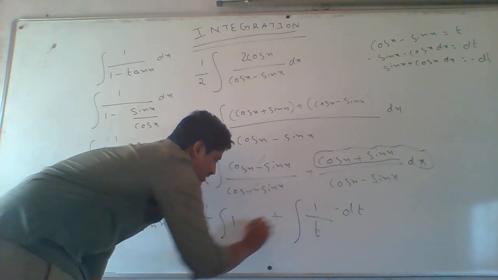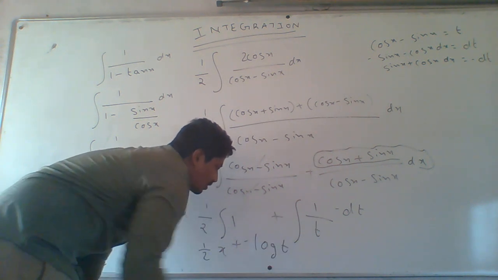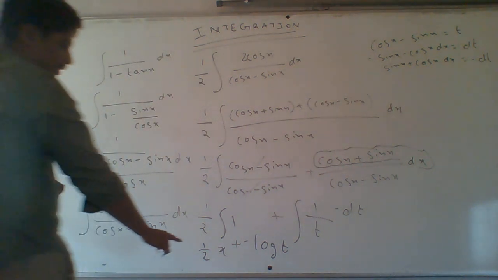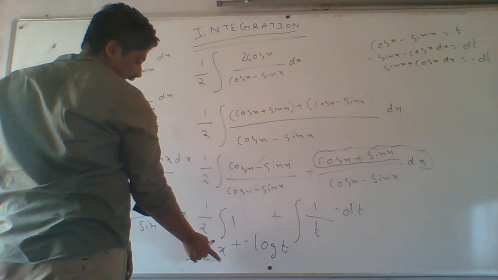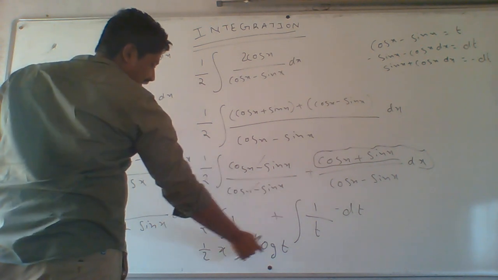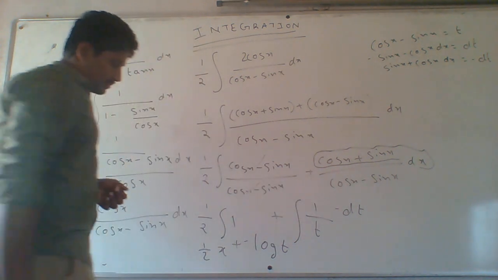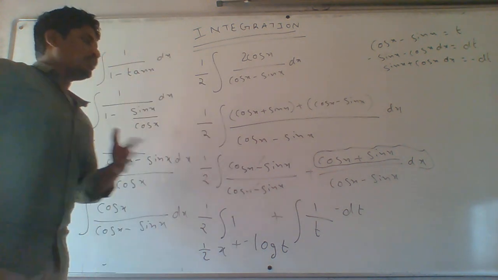The minus will come out. Integral 1 by t is log t. So 1 by 2 into x plus 1 by t, it is log t, minus outside, it will be like this. Okay, we applied the formula of integration. We have to put plus c.